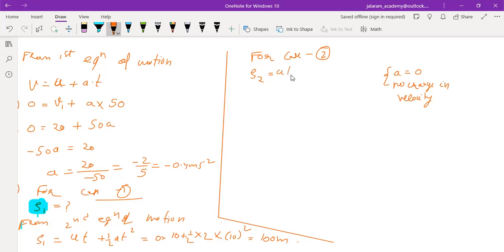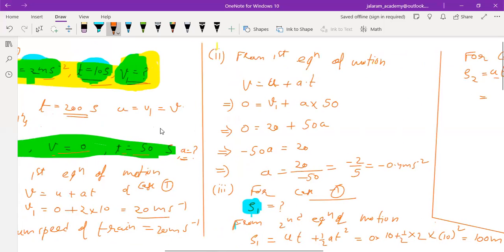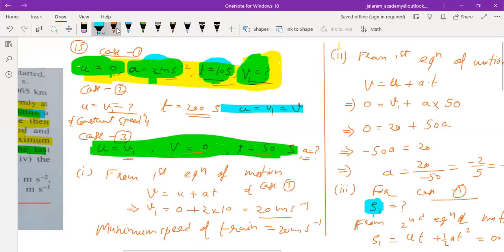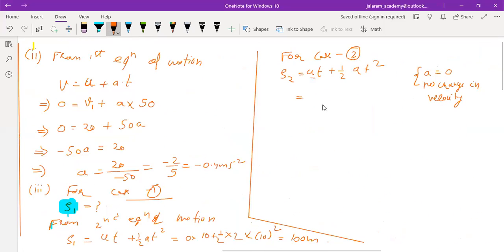And if we use ut plus half at square again. Now u, initial velocity, is equal to final velocity, which is equal to v1. v1 means maximum velocity attained by the train, into t plus half into acceleration 0 into t square.